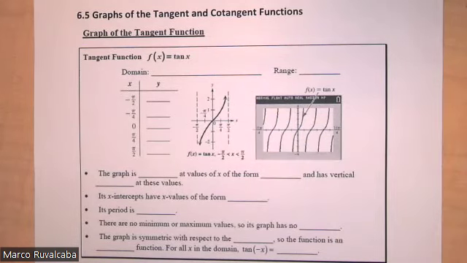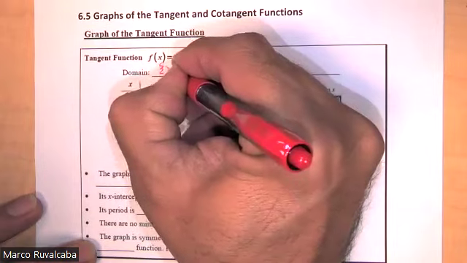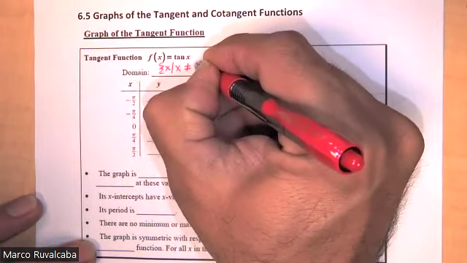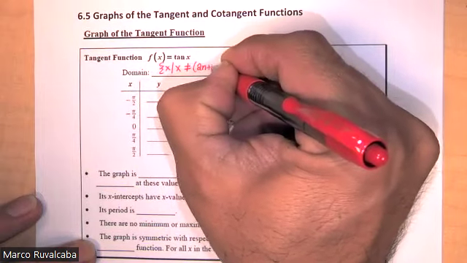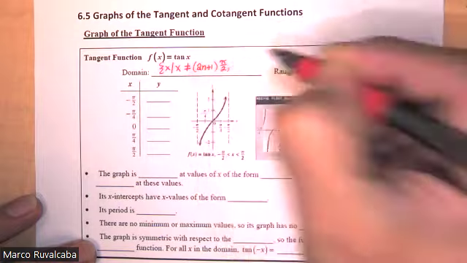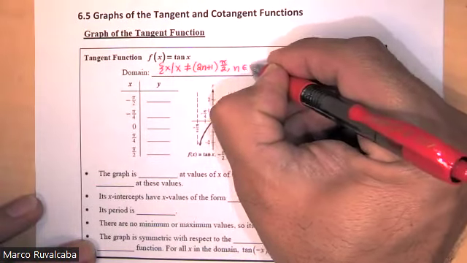Those are called asymptotes. Therefore, the domain is all values of x such that x is not odd multiples of pi over 2, where n is an integer.